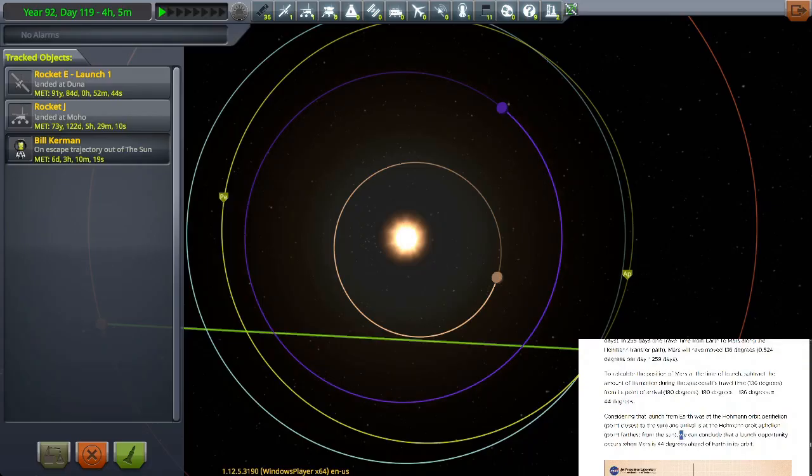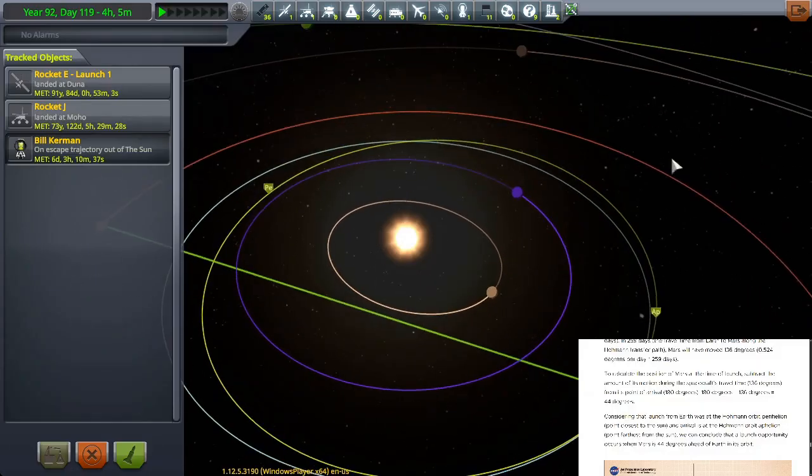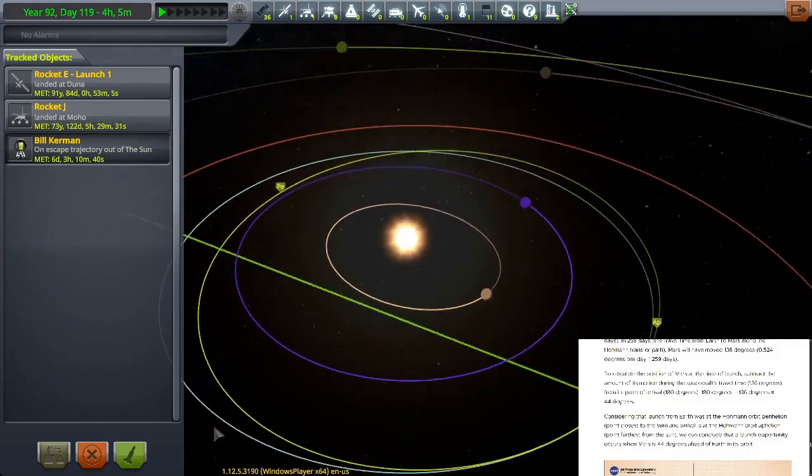So here, we can conclude that a launch opportunity occurs when Mars is 44 degrees ahead of Earth in its orbit, right? Now I'm going to try to calculate in this episode the launch opportunity for Bill Kerman, right?